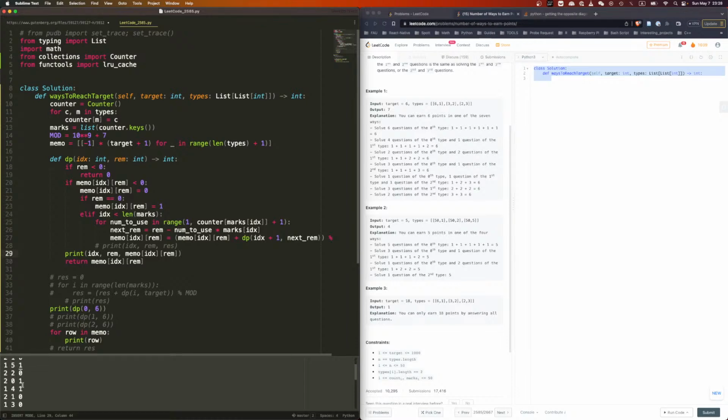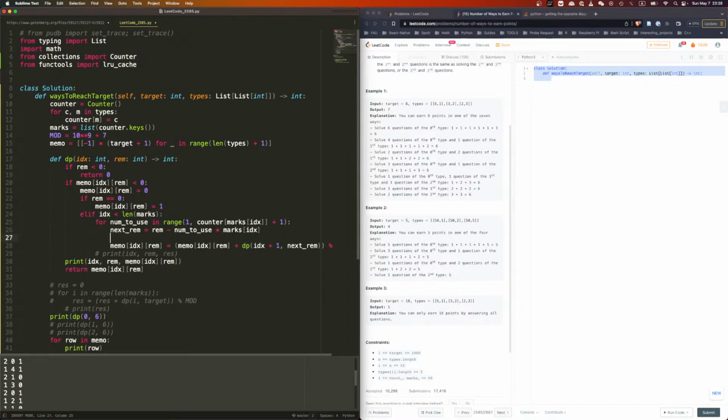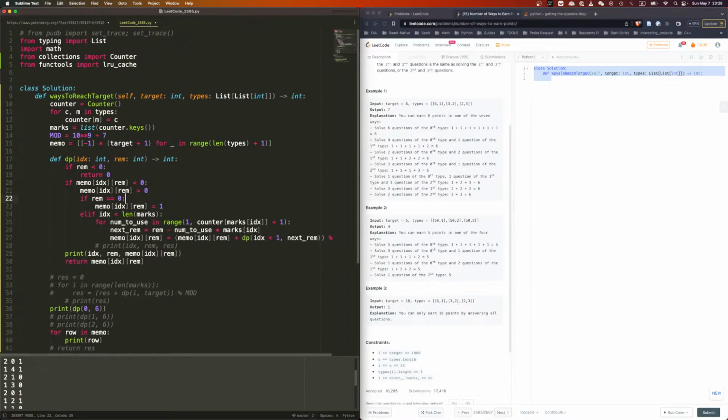Where's 2, 4? Why is there no 2, 4? Then when to use 2, 2 times 1 is 2.